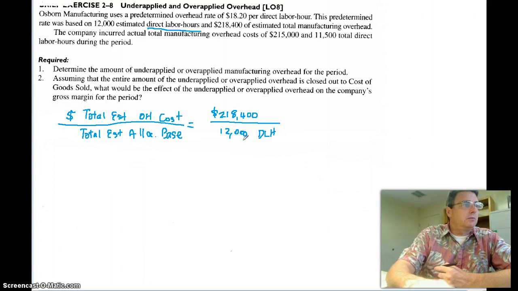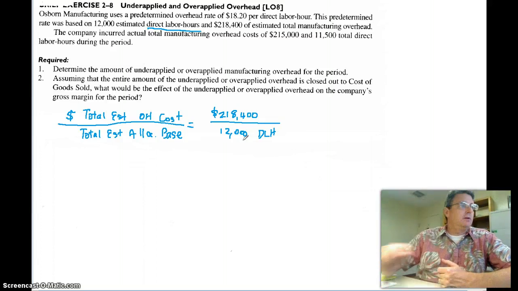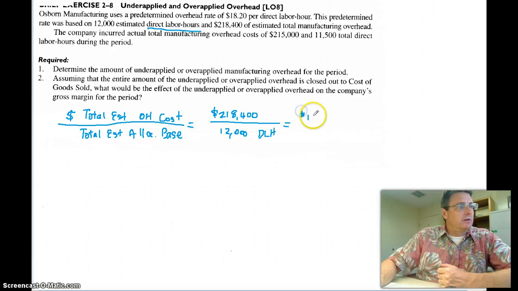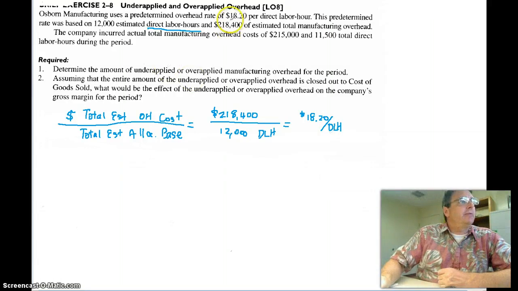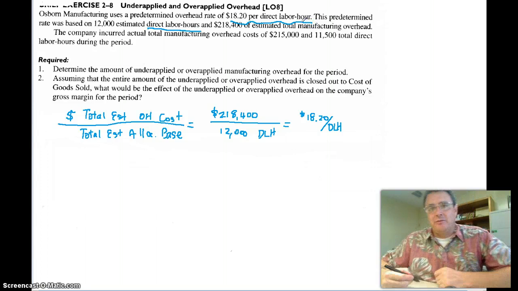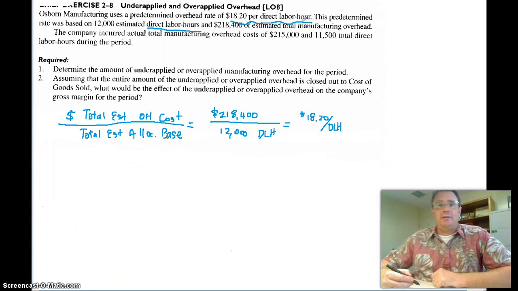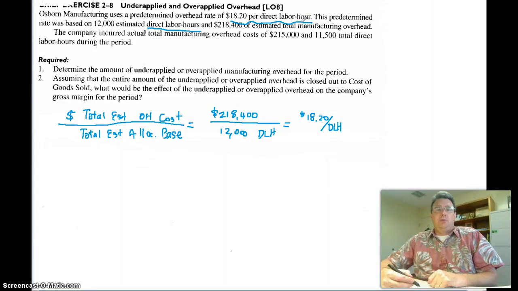So our rate then would be $18.20 per direct labor hour. Don't you feel better now that we calculated that and confirmed that that is the correct predetermined overhead rate?